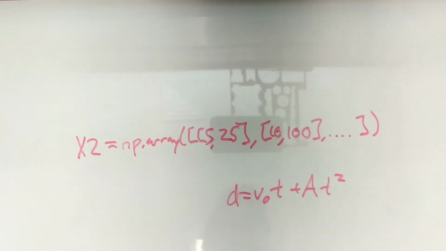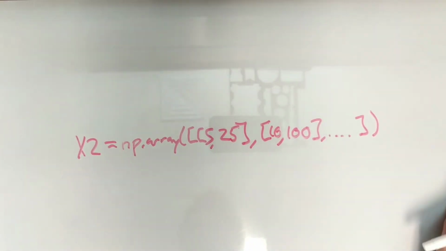And so that's where we get that x array or matrix from. And then the y2 will just be the data that they give you.